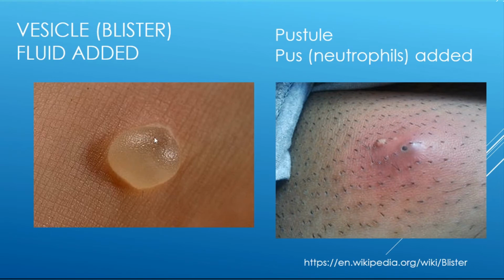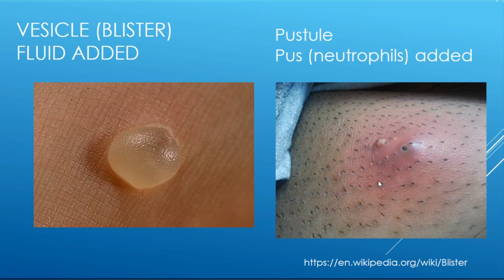Something is being added to this tissue. What does that mean? Well, we just learned that the things that can be added to the tissue can be things like cells, fluid, gas, or even cellular products. In the case of vesicles, this is actually an accumulation of fluid. So we're adding fluid to a tissue, the tissue is going to get bigger, and we're going to have a raised lesion.